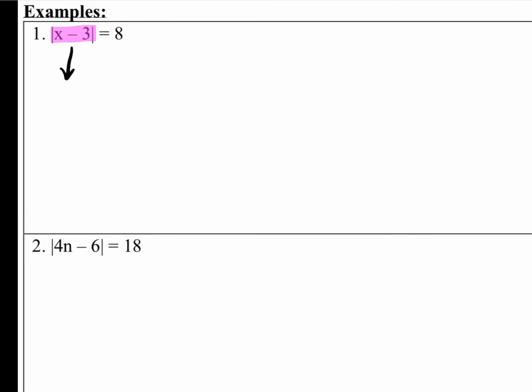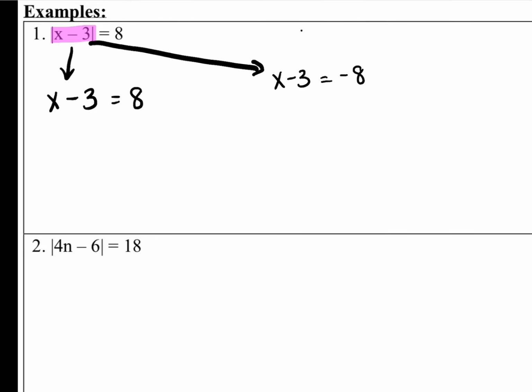So whenever we have our absolute value alone, we're going to split. We have x minus 3 could give me positive 8, so that entire value in my absolute value could give me positive 8, or x minus 3 could give me negative 8, because remember, the absolute value of negative 8 that we would plug in there gives me positive 8.